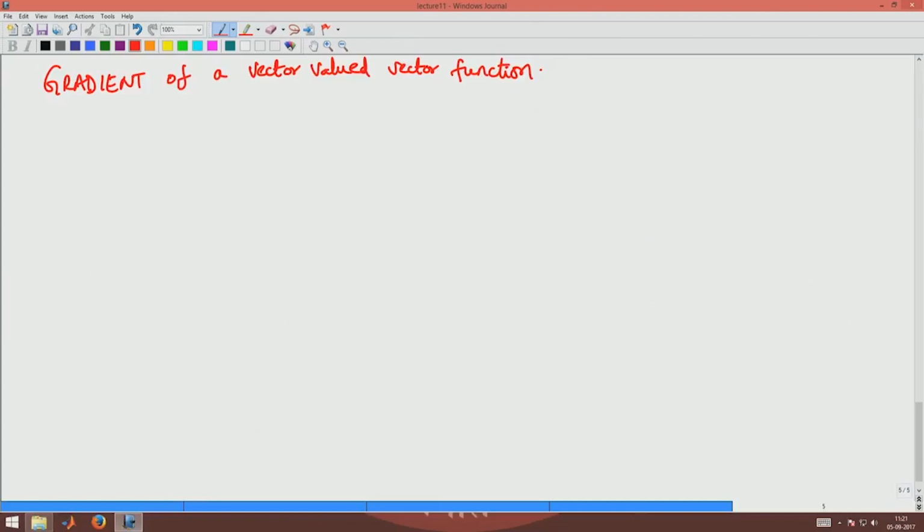Okay. What this vector valued means is, this is the range of the function, which is a vector.